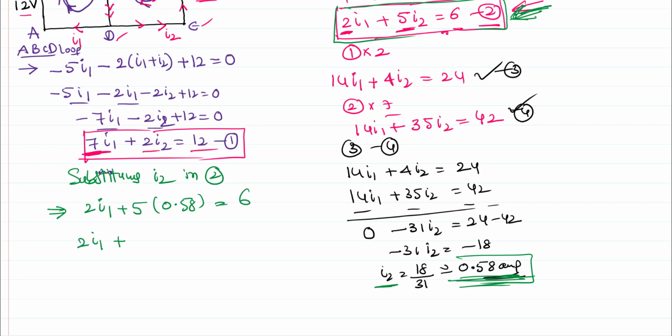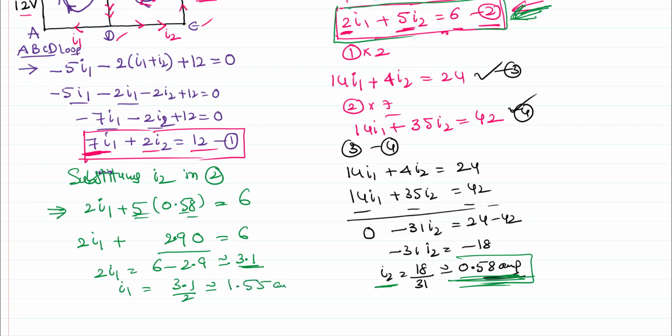So 5 8s are 40, 5 5s are 25, and 4 is 29. So it becomes 2.9 equal to 6. So 2I1 is 6 minus 2.9, which is approximately 3.1. So I1 will become 3.1 by 2, which is approximately 1.55 amperes.